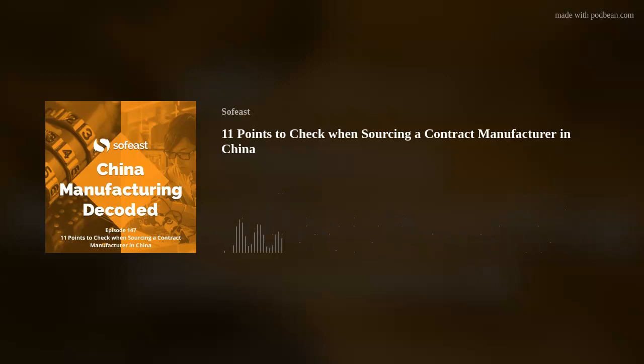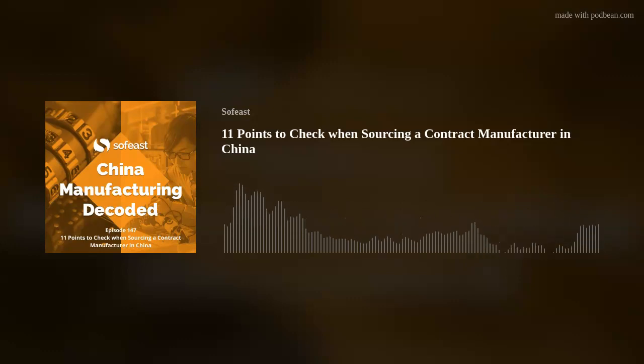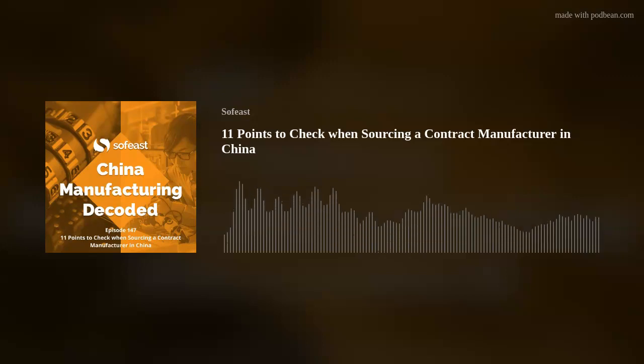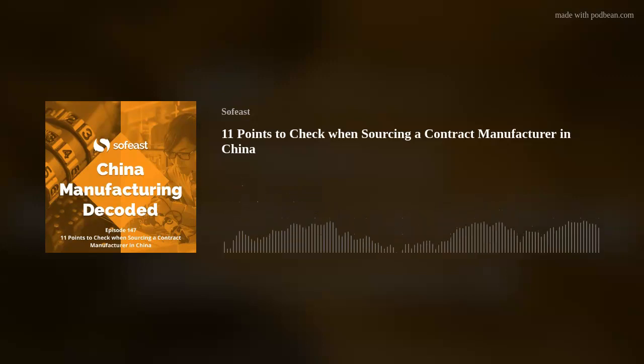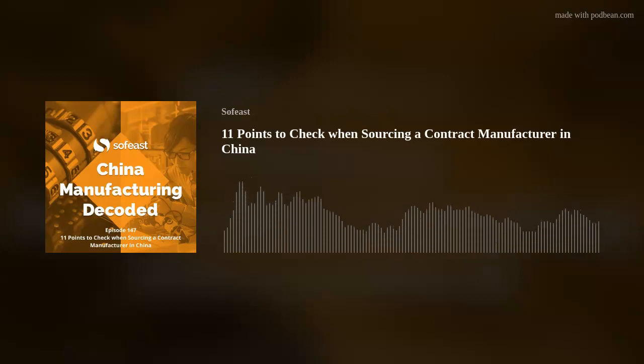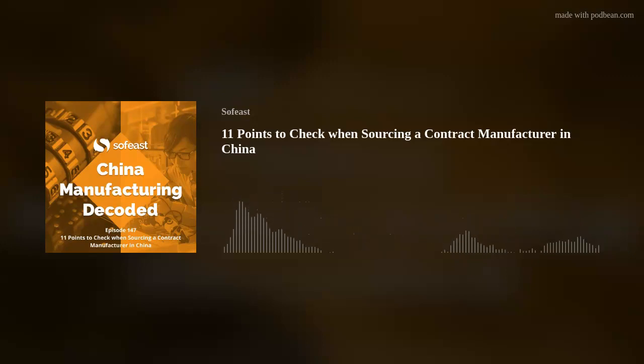I want them to make the plastic parts in-house and the metal parts and this and this and that and the silicone and whatever. For most products, it just doesn't really make sense. It's going to be a bunch of standard products that they're going to buy, but you don't want them to try to make the screws. It just doesn't make any sense, right?